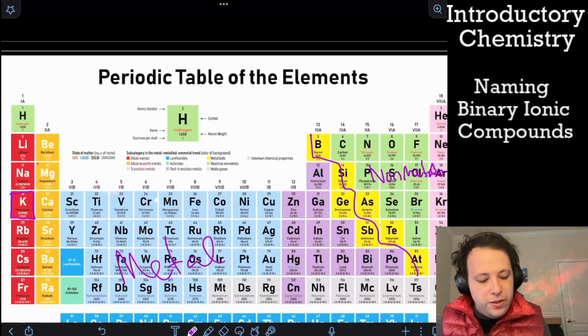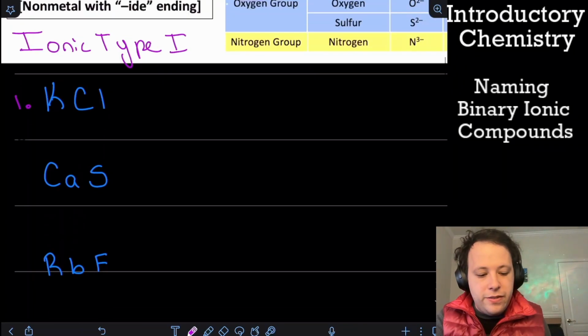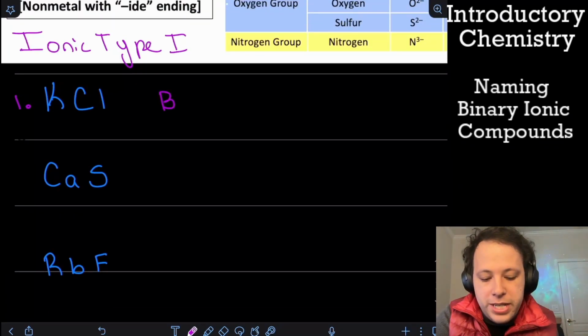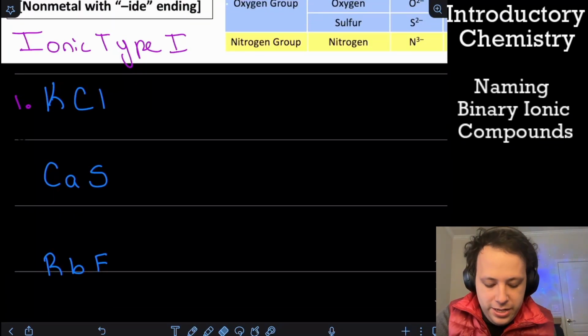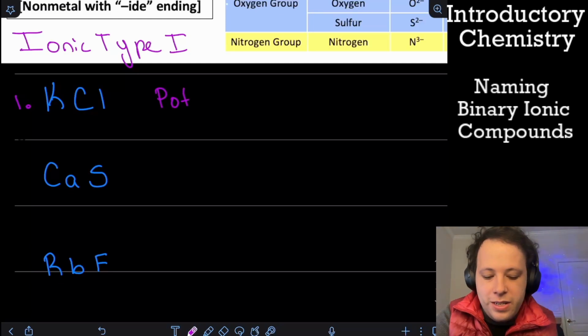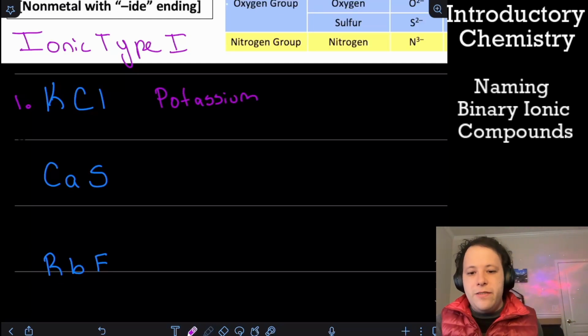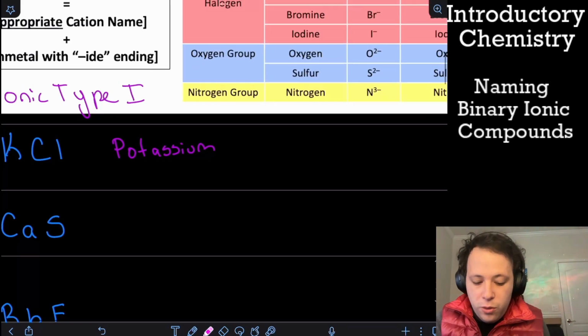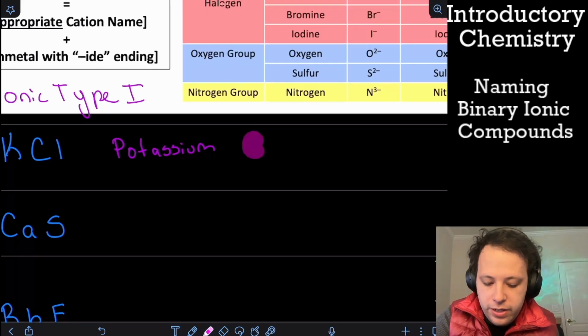Metals are listed first. So potassium is our metal, followed by the non-metal, chlorine.